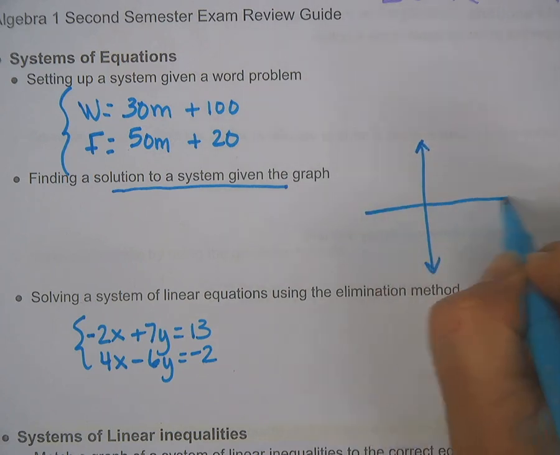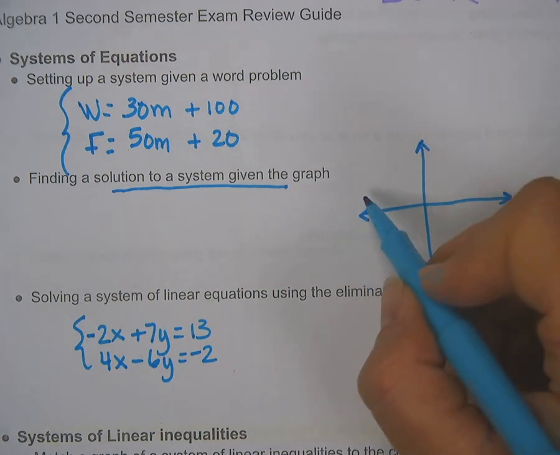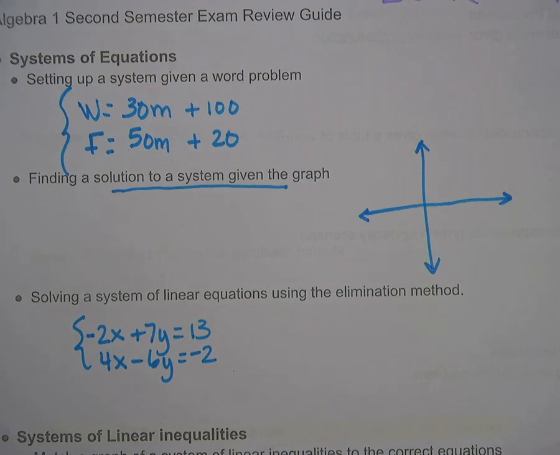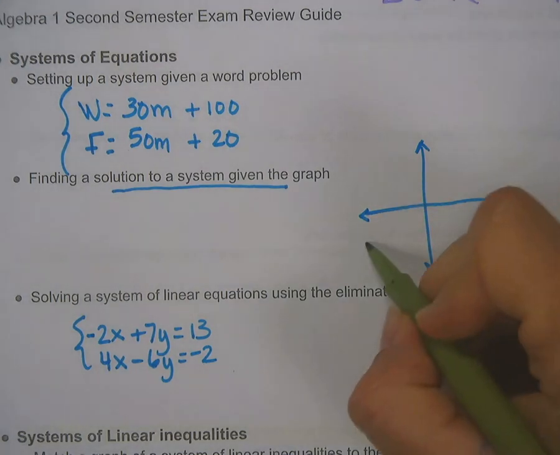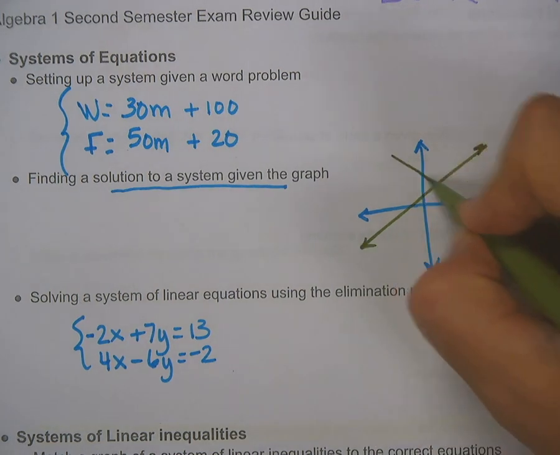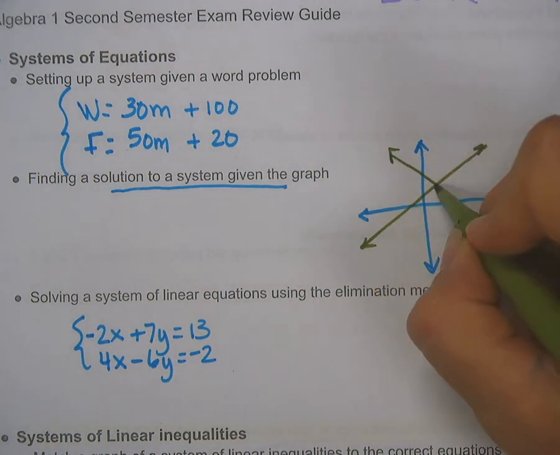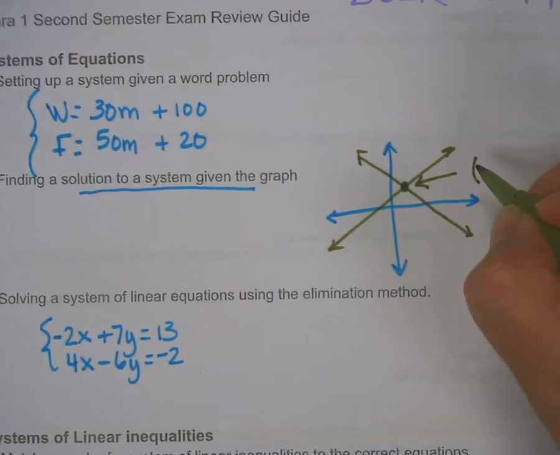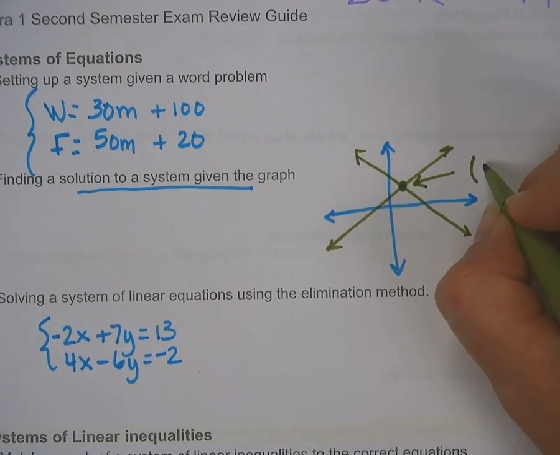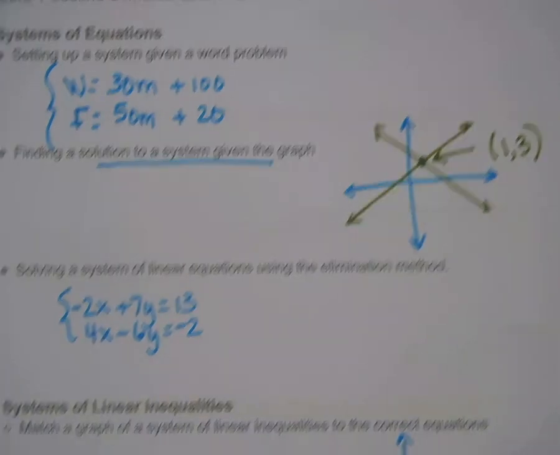Remember, when you have a system of equations, that means it is two straight lines, and the solution is where those two lines intersect. So to identify the solution is going to be whatever the ordered pair of the intersection is. I'm just going to make that up, and that would be our solution.